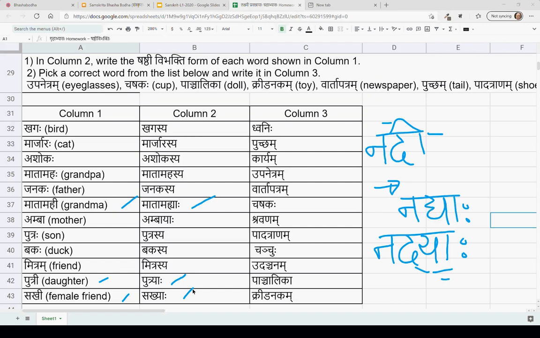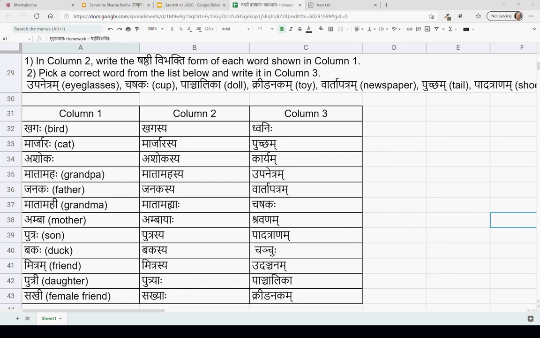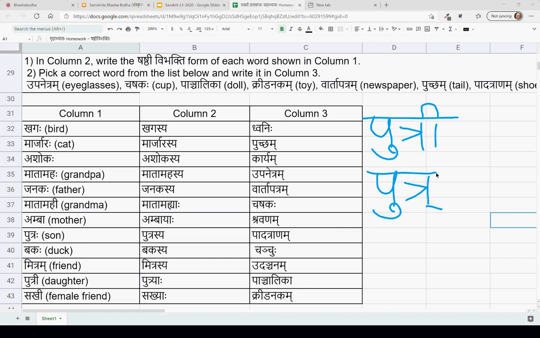Could you please write Putryaha, the formation of that matra or letter? Putri is the Prathama Vibhakti word, or it is also the Pratipadikam here, the root word, Putri. In that we remove that Dirgha I and it becomes Putr with no A at the end.